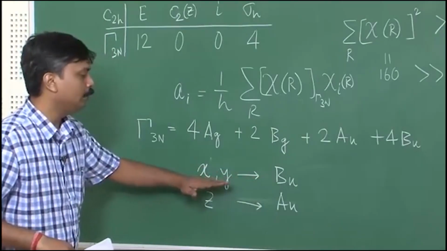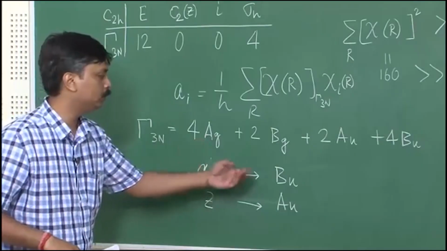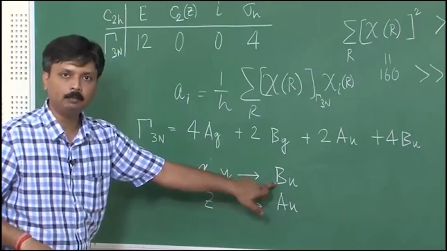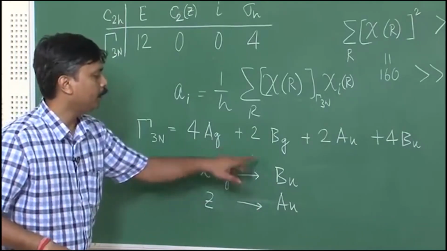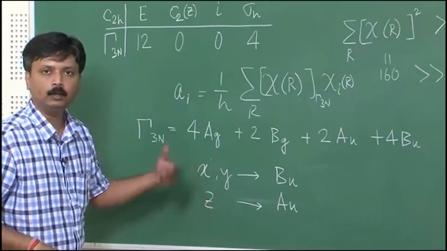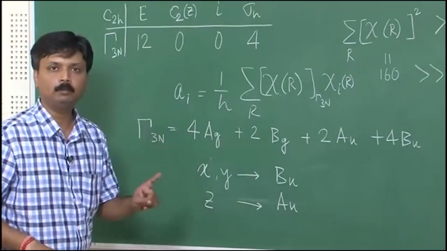So you can immediately figure out that x, y do not transform as Bu together, but individually, because this is a one dimensional representation, right. So one function, like x, it's not like xy or xz. So x alone can give you only one dimensional representation.